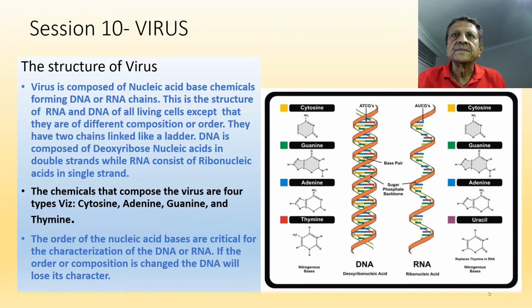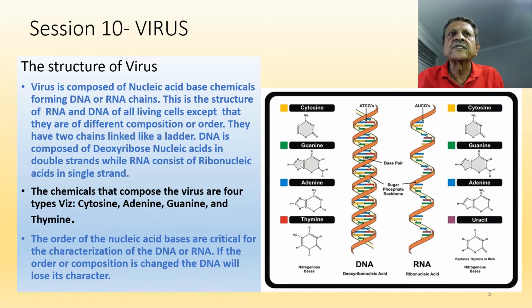Now, each of these building blocks is combined together to form an RNA chain, and the building blocks are in different orders. Because of them being in different orders, one animal cell is differentiated from another animal cell or a plant cell.